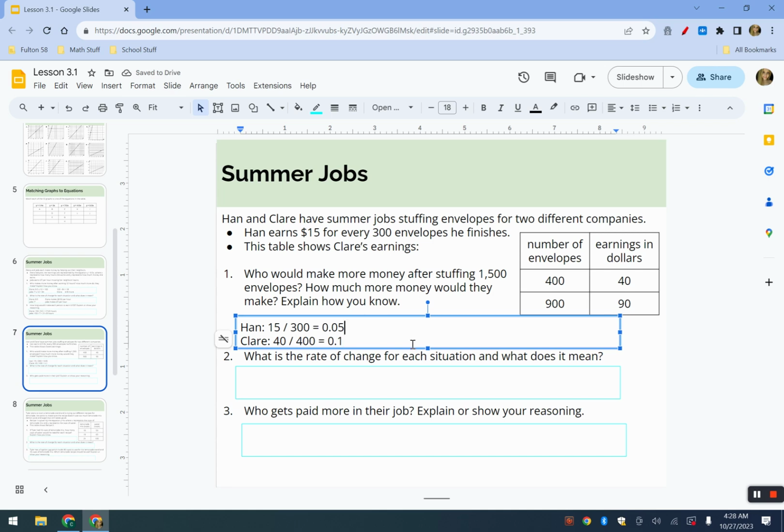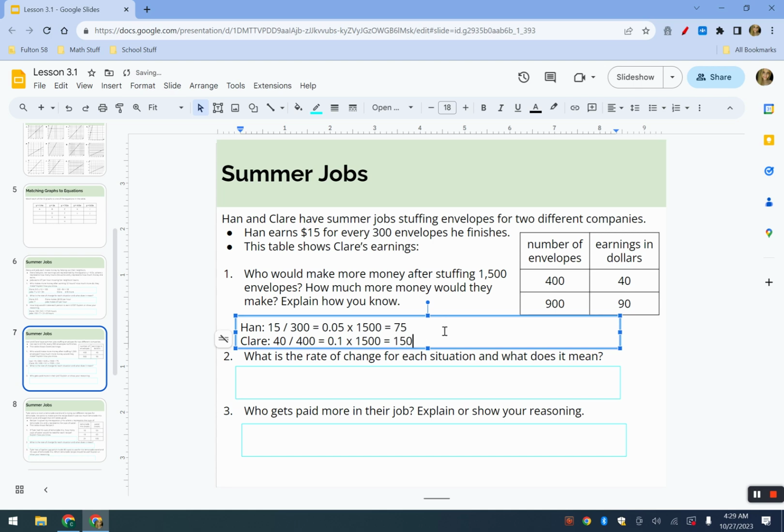And so now we're going to use that to figure out how much each person would make stuffing 1,500, and so we're going to take the 0.05, multiply it by 1,500. That's going to give us 75. We're going to take Claire's 0.1, multiply it by 1,500, and that is going to give us 150.